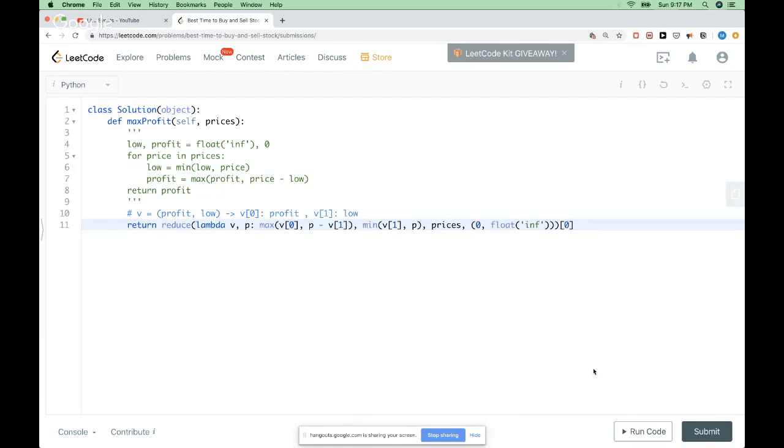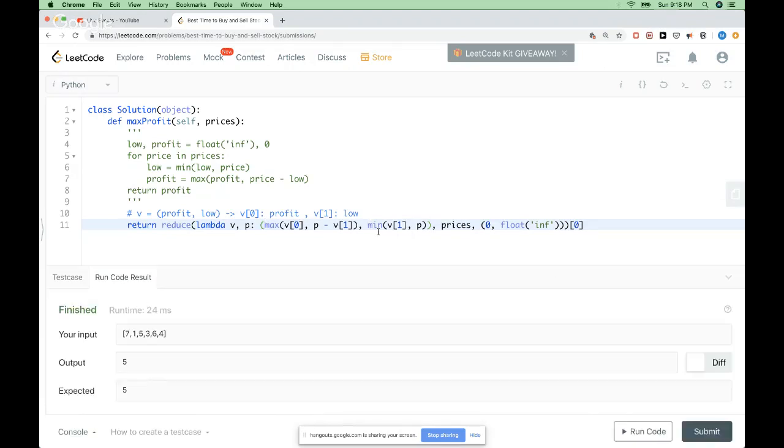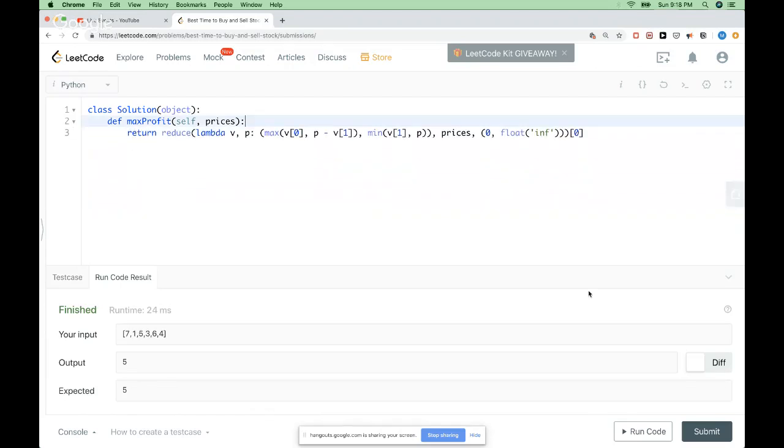And that should do it. Okay, just to make this be a tuple, or a pair, sorry, a pair, and can get rid of this.